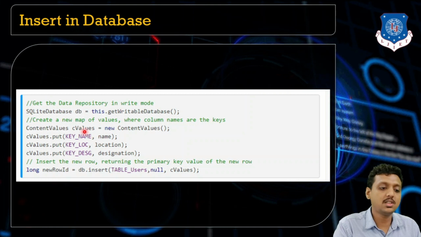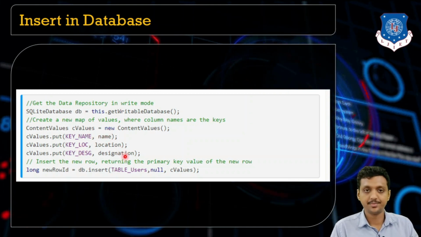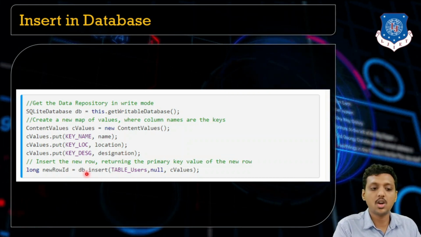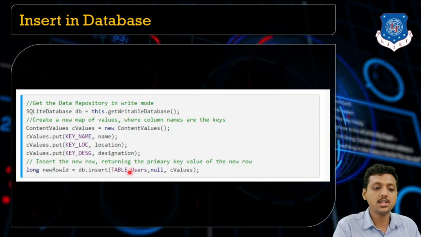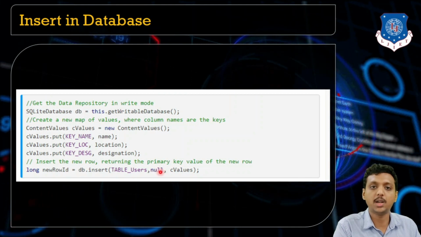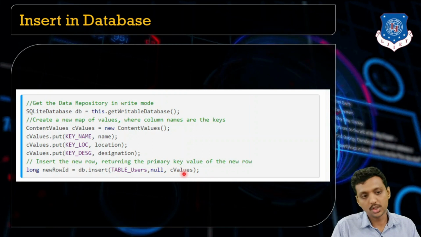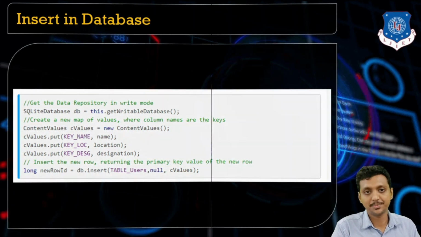So this is the column name in which you want to store this particular data. Now next, you call the insert function like this: db.insert. First you need to pass the table name, comma, then the null column hack, which is by default null, and the third one is the column values. Okay. So this is how you can pass the insert query inside the database.